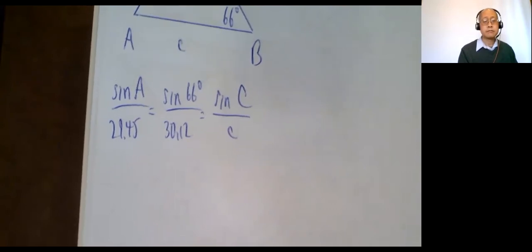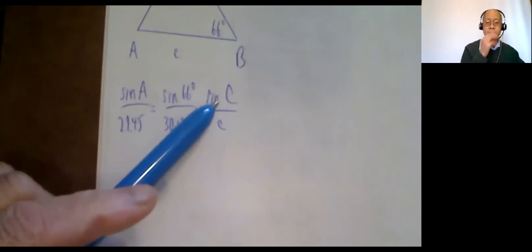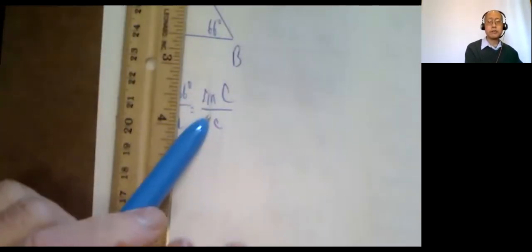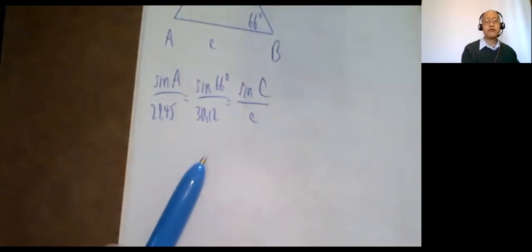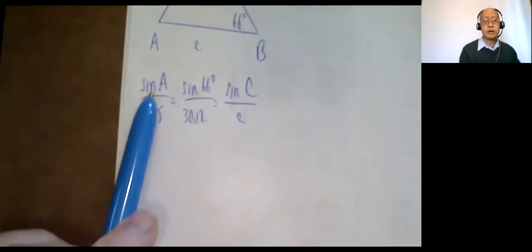So what's my strategy? Right now, I don't have any information on C, so this is hopeless. But over here, I can figure out angle A first. I have all the information on the B's and one of the A's. So I'll use this.